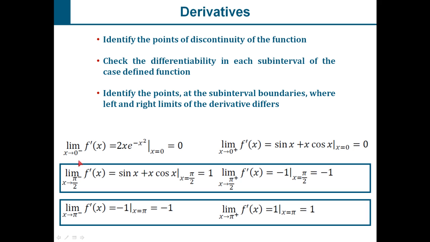You should notice that in 0, the first derivative is continuous. In pi over 2 and in pi, the first derivative is discontinuous. Then we can infer that the first derivative will not exist in pi and in pi over 2, while the first derivative of f of x will exist in 0 and will be equal to the value of the two limits, which is 0.